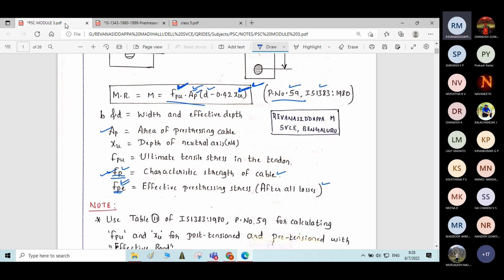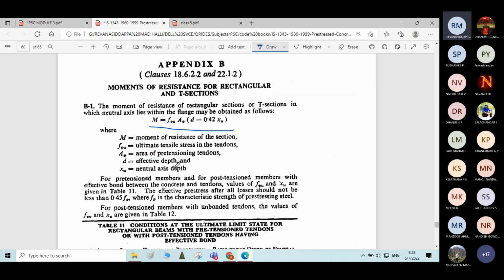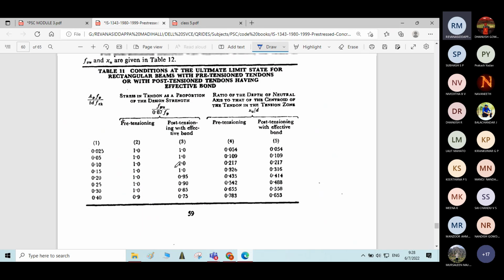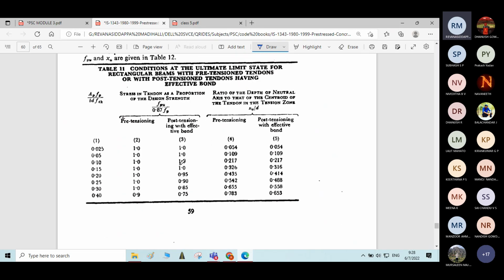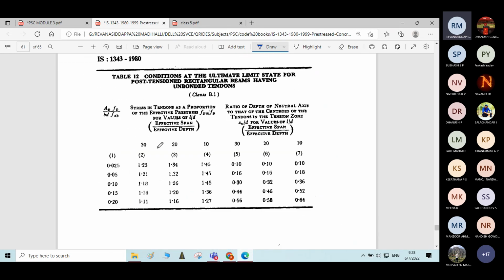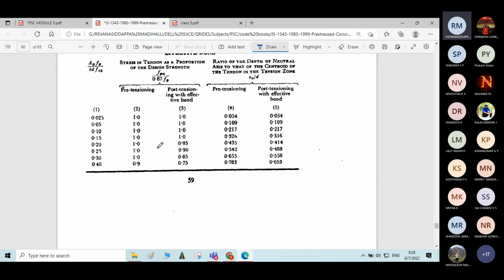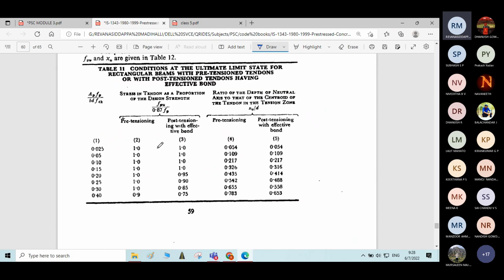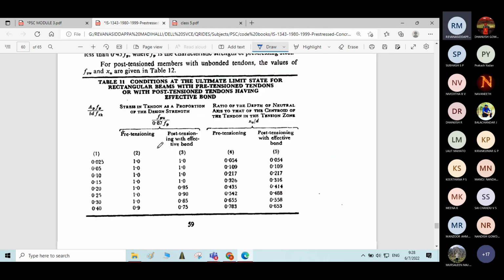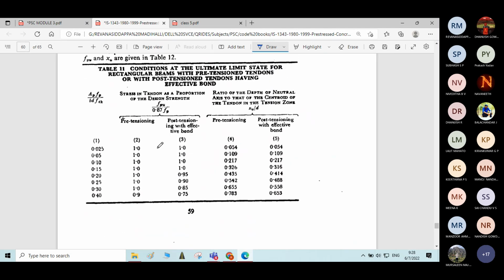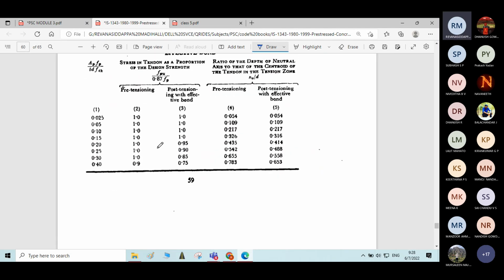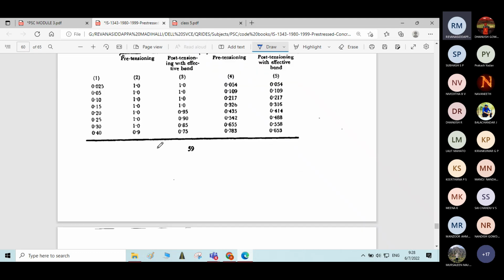Let us see. There is a clear-cut guideline in the code book. To find FPU and XU, we will utilize table 11 and table 12. Now the question is which table particularly we have to use, table 11 or table 12.